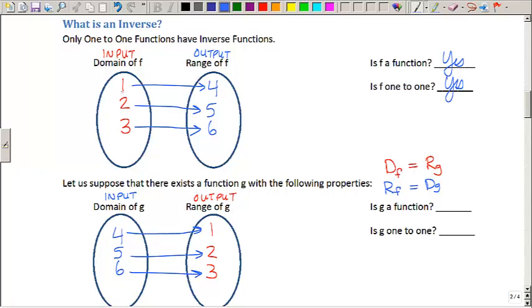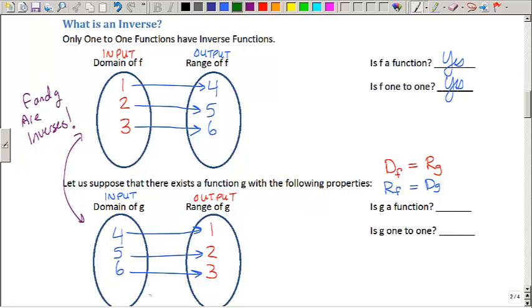So for my f function, 1 is being mapped to 4, but in my g function, 4 is being mapped to 1, and so on and so forth. When we have this relationship that the domain and the range are interchanged, we can say that these two functions are inverses. So f and g are inverses.